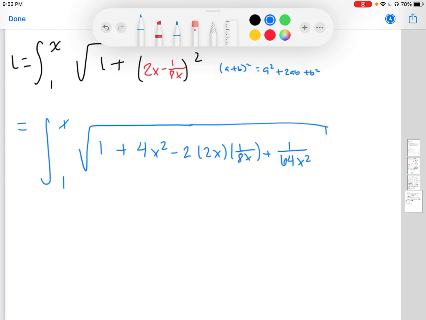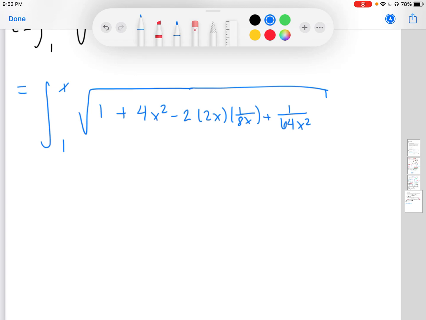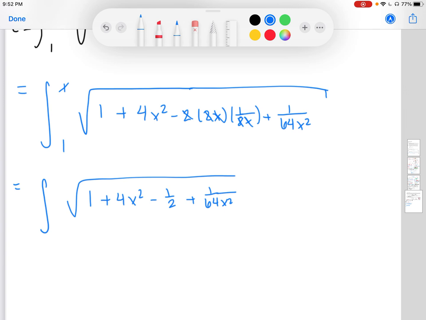It's much quicker than FOILing, so I just wanted to remind you of that. All right, let's go ahead and clean that up. So that's our 4, so we're left with 2. Our x's cancel. We're left with 1 plus 4x squared minus 1/2 plus 1 over 64x squared.